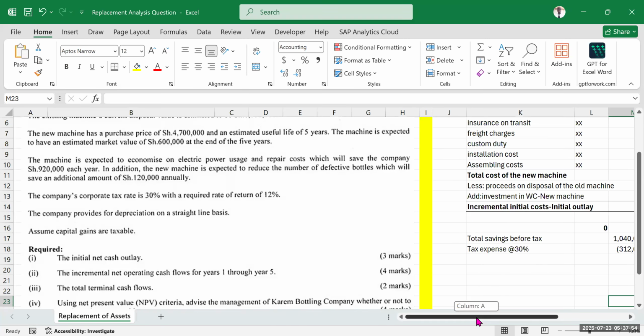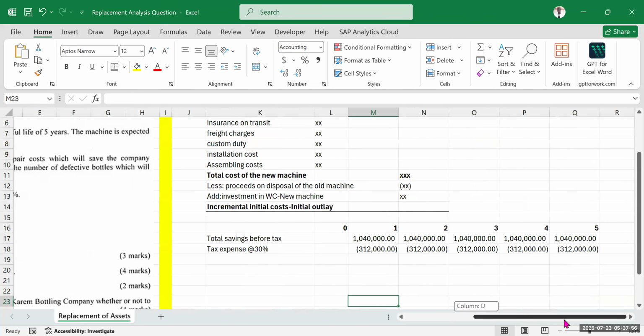Before I mention anything, can someone try to tell us how you think we should go about depreciation? Somebody talk to us.